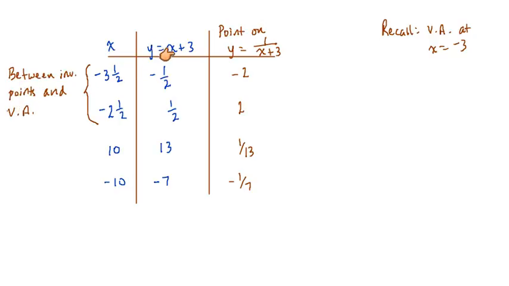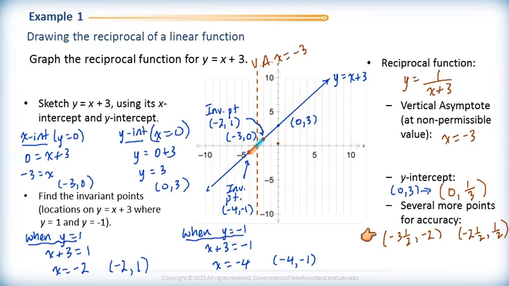If I put them into y equals x plus 3, I wind up with negative 0.5 and positive 0.5 for those two y values. So for the reciprocal function, I take the reciprocal of negative 0.5 and get negative 2, and positive 2 for the reciprocal of 1/2. So I've recorded those points back here. Negative 3.5 and negative 2 would be down about here. And meanwhile, negative 2.5 and 2 would be right about here.